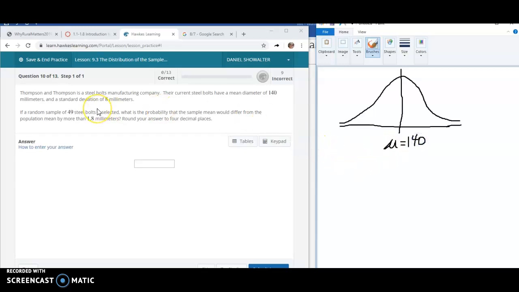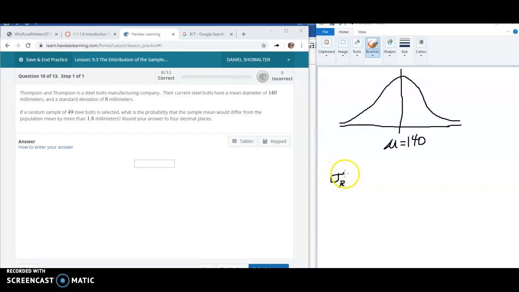Right, and then we want to know basically what's the probability that the sample mean will differ from the population mean by more than 1.8 millimeters. So this is our population mean. How spread out are these sample means? Well, here's where we do have a correction factor.